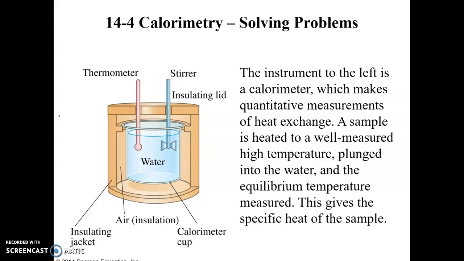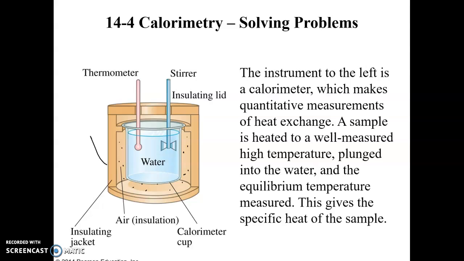We have this insulating jacket, and we have this airspace in between. Air is an excellent insulator. So we have this insulated cup of water, and what we're trying to do is keep the outside energy out, so that we can study the heat in the cup itself.